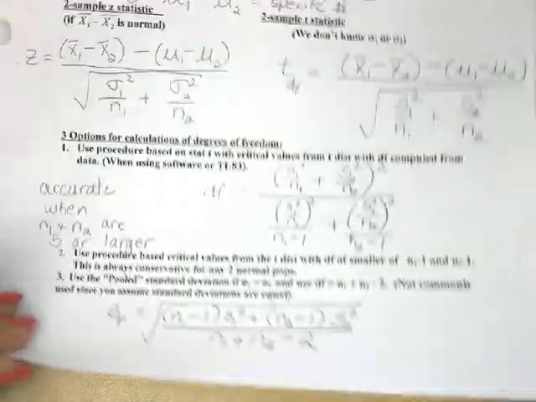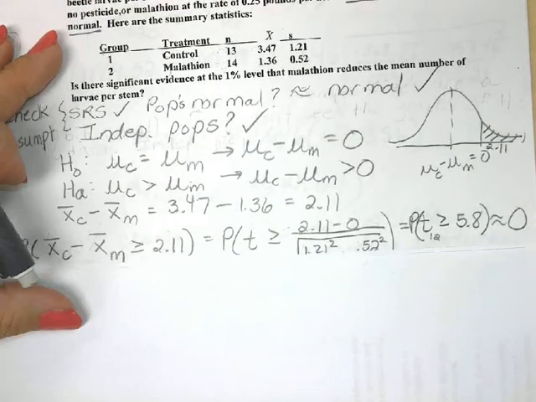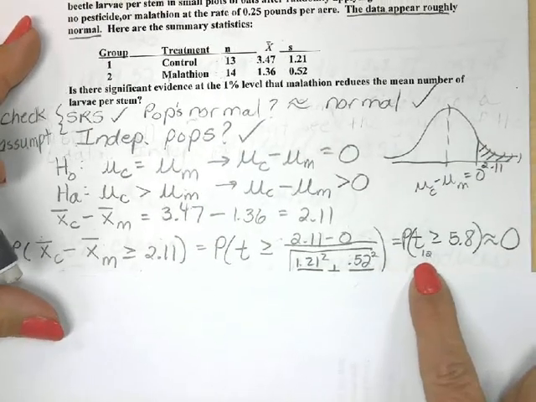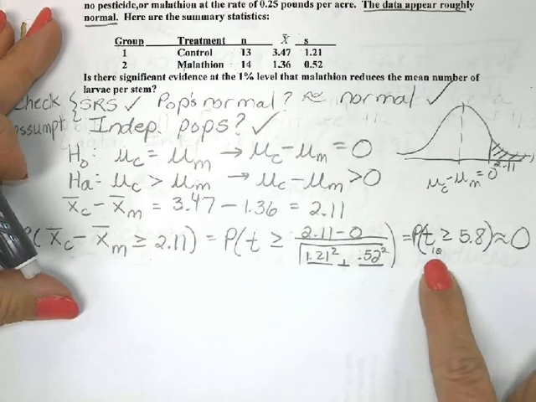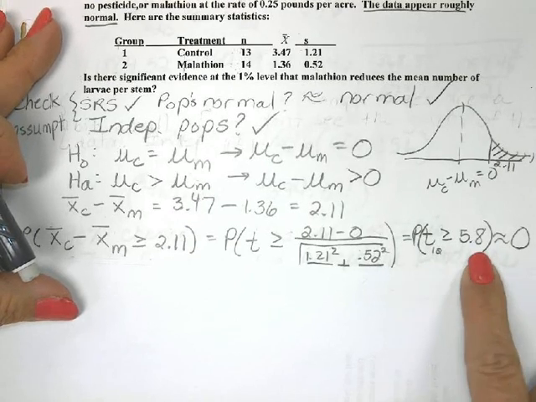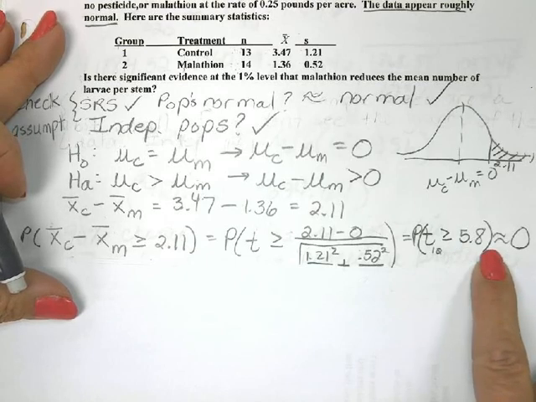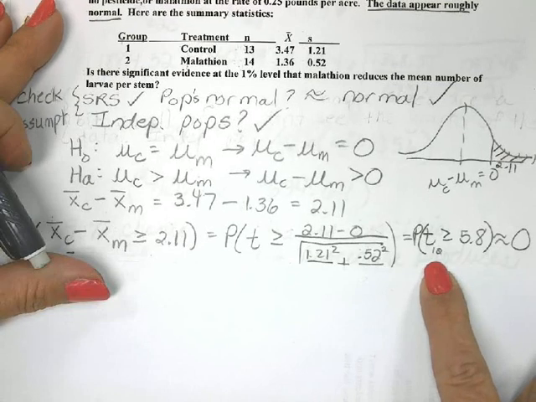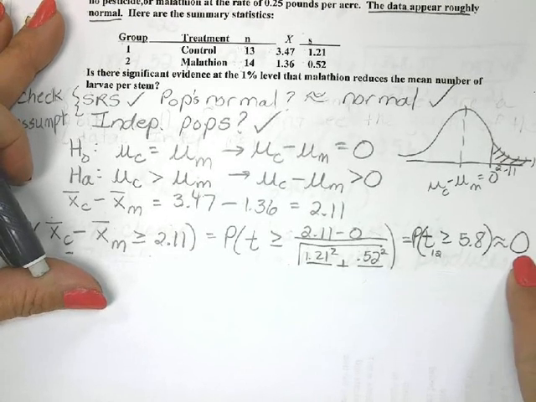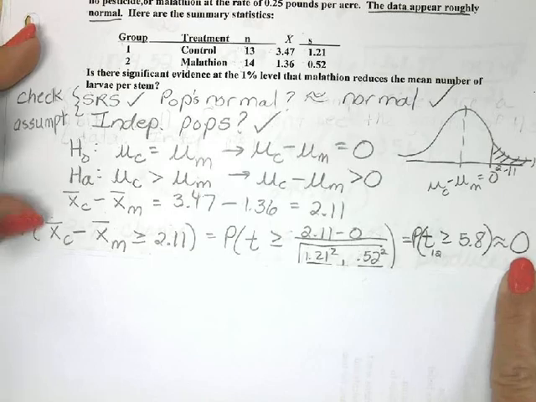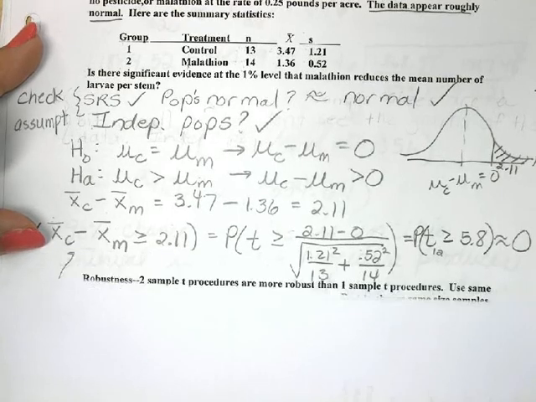Okay, so let's turn back. So we need to finish. We know that we have a t test statistic, and we have 12 degrees of freedom, and I can use my t CDF going 5.8, comma, large number, and then comma, put the 12 degrees of freedom in, and I find my p-value. So very, very similar in the analysis. And then I have to make my decision.